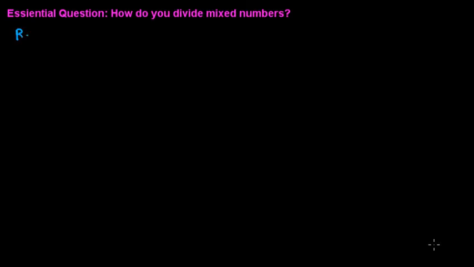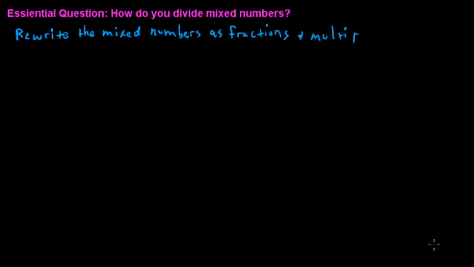Alright, so the essential question is, how do you divide mixed numbers? So the answer to this question, I want you to copy this down, but you're going to rewrite the mixed numbers as fractions and multiply the dividend by the reciprocal, which, if you remember, the reciprocal is the number you can multiply by any other number that will cause it to equal 1.